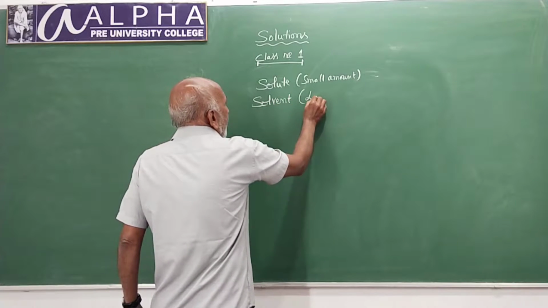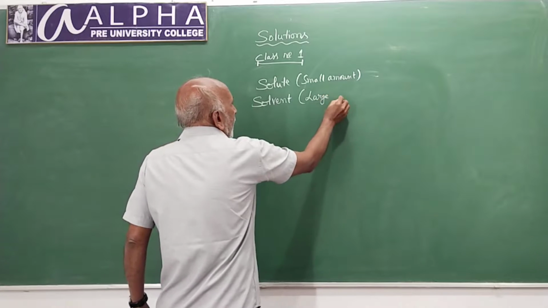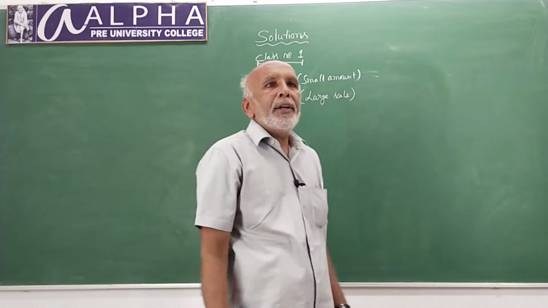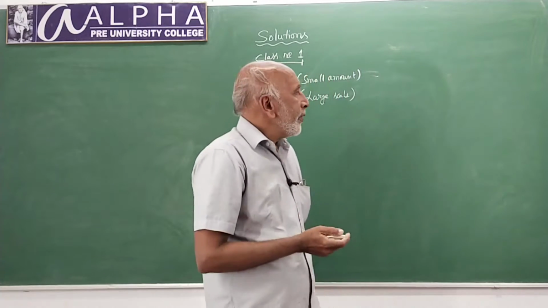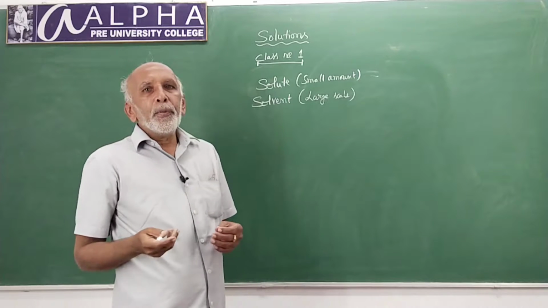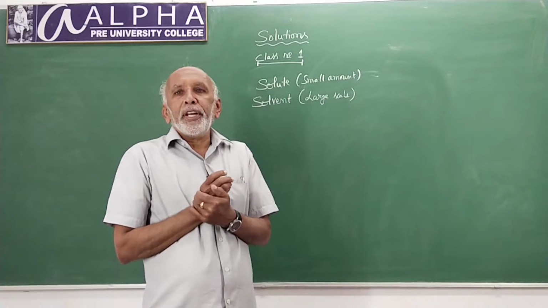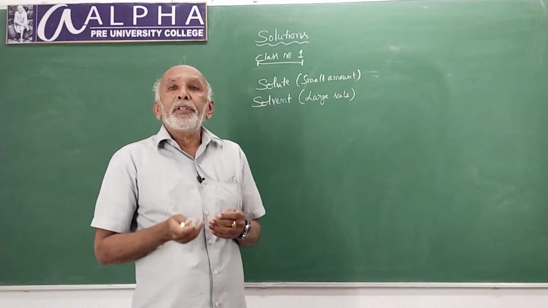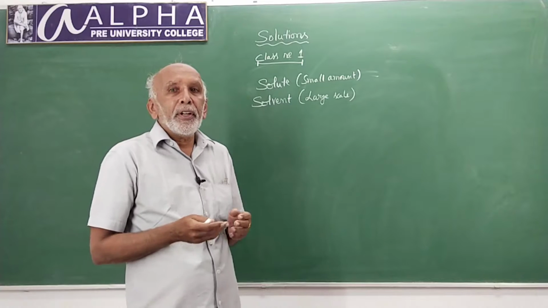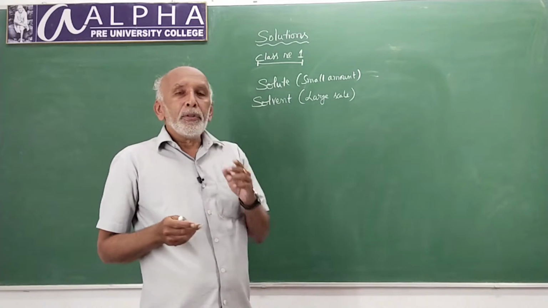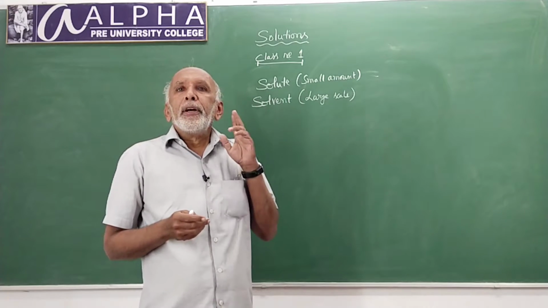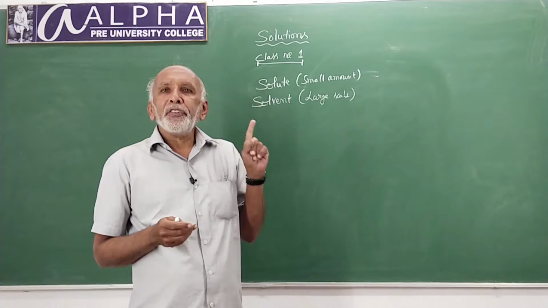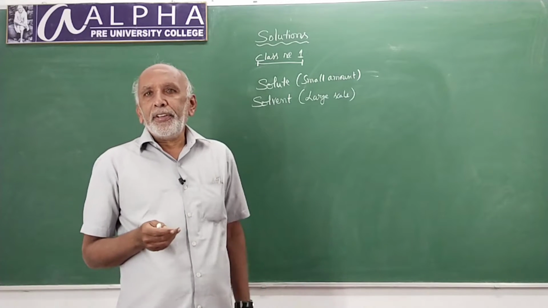So normally solvent is present on a large scale, whereas solute is present in a small scale. So solutions are the homogeneous mixtures of solute and solvent. This clearly shows that to form a solution there must be at least two substances, one solute, another one solvent.